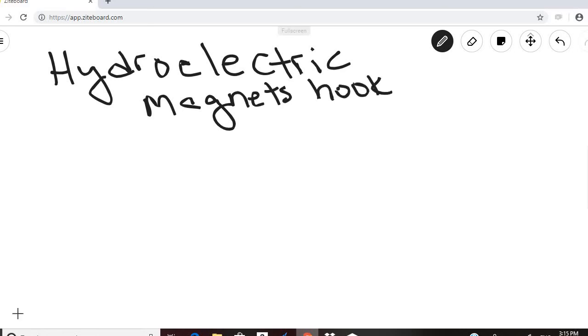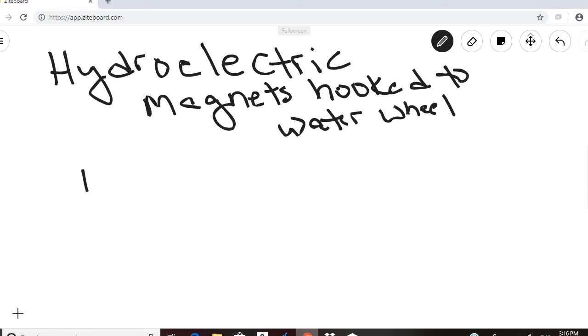So the current from the water turns the wheel, and that in turn turns the magnets.